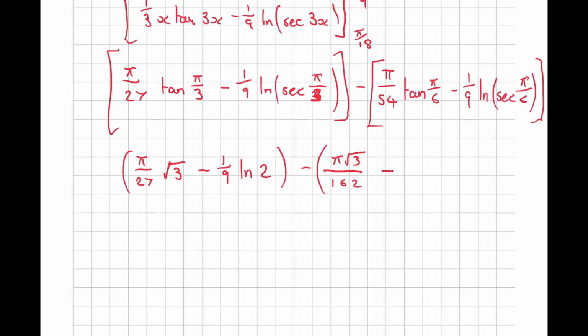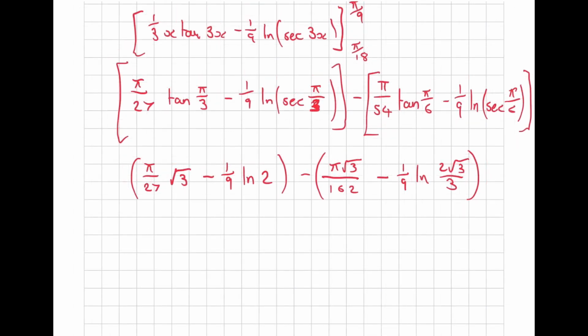minus a ninth. cos pi by 6 is root 3 over 2. 1 divided by that is 2 root 3 over 3. So that's minus a ninth ln 2 root 3 over 3. Now then, this looks horrendous.